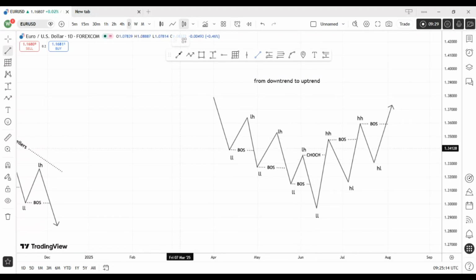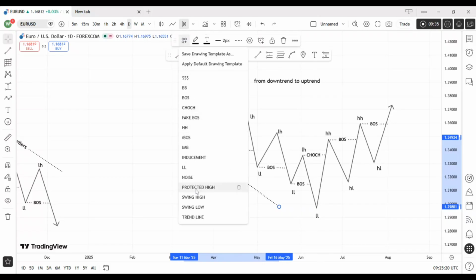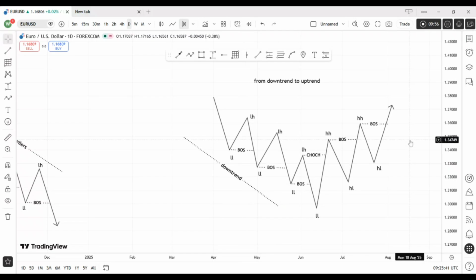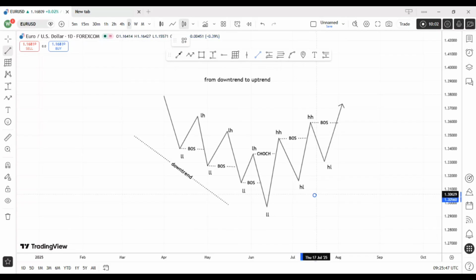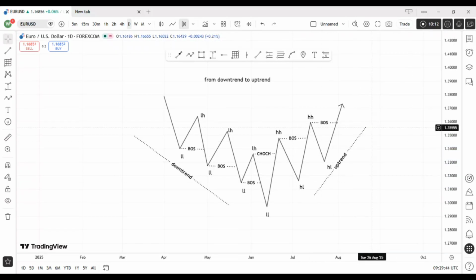It is changing from a downtrend to an uptrend, and that's forming an uptrend.